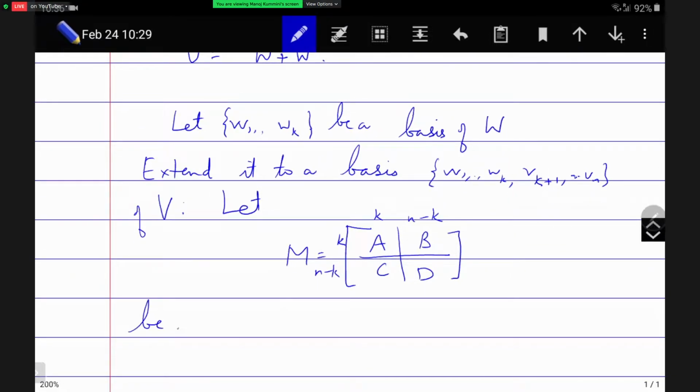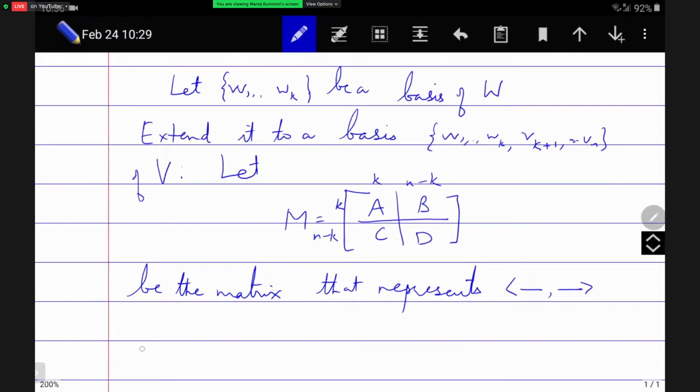Be the matrix that represents this form with respect to this basis. Let's call it B.